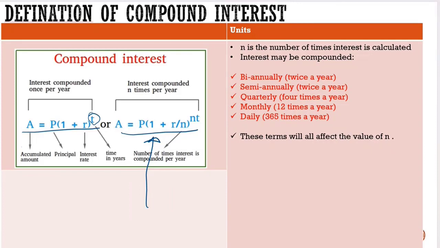You can get that your interest is compounding biannually, that means twice per year, or semi-annually, that is twice a year, or quarterly, that is 4 times per year, or monthly, that is 12 times per year, or daily, that is 365 times per year. It depends.